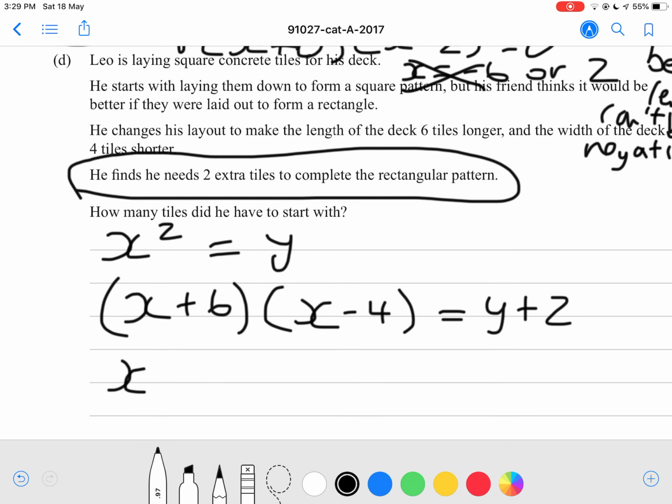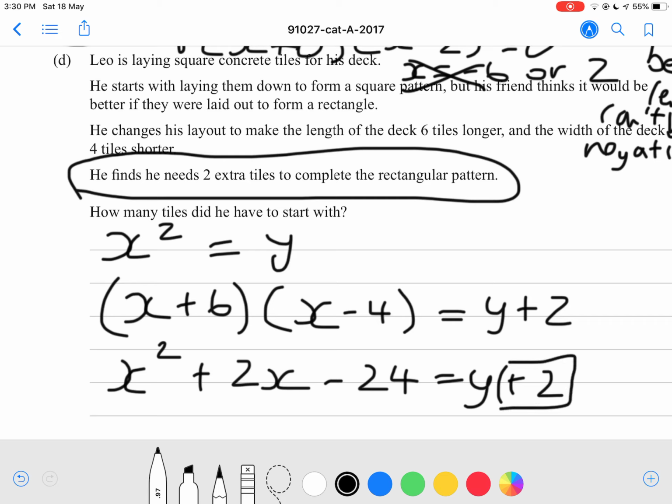So therefore, we can say x squared plus 2x minus 24, so we're just expanding, equals y plus 2. So we're going to move this plus 2 to the other side of the equation. So we're going to say x squared plus 2x, and plus 2 becomes negative 2, so negative 26 equals y, okay?